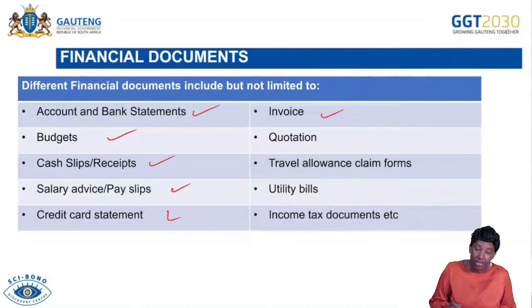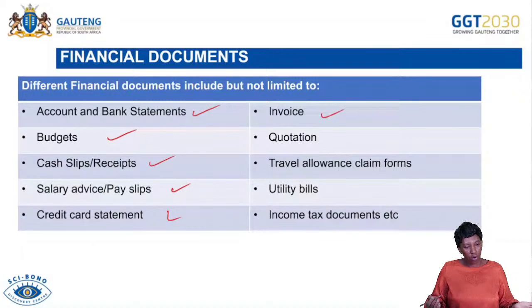And then the invoices. Remember I said if I go to Birchwood hotel, for example, or maybe a Sun City hotel, they will invoice me. I will book and maybe stay there for 3 days. And at the end of the third day, they can say, okay, this is what you have spent. Maybe I have paid a portion.